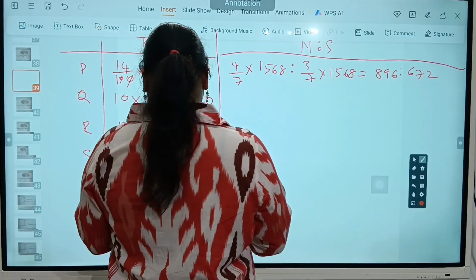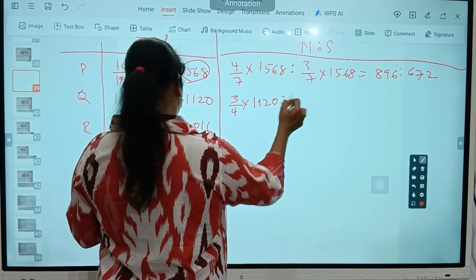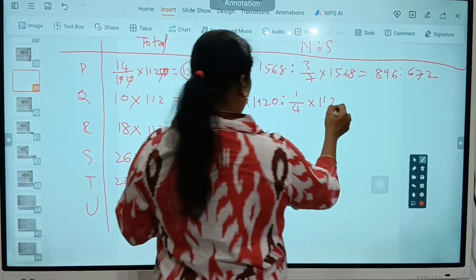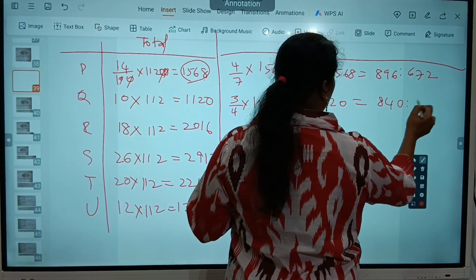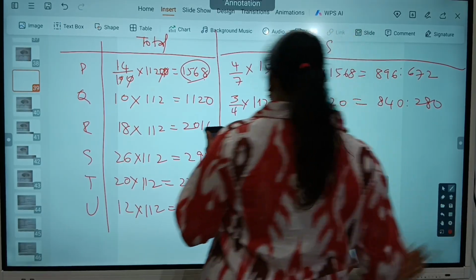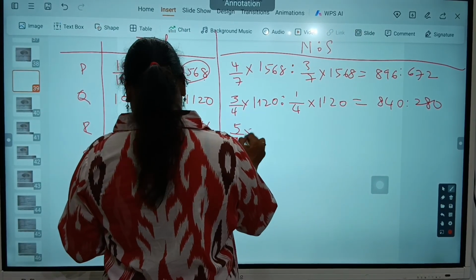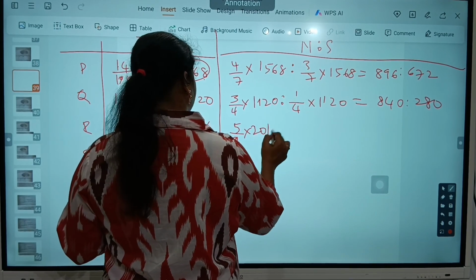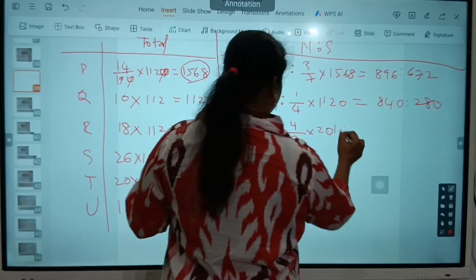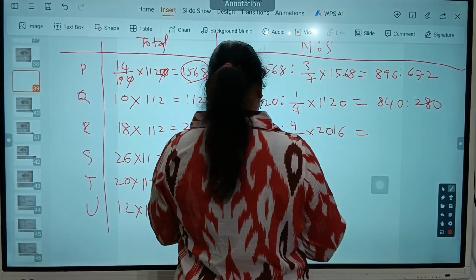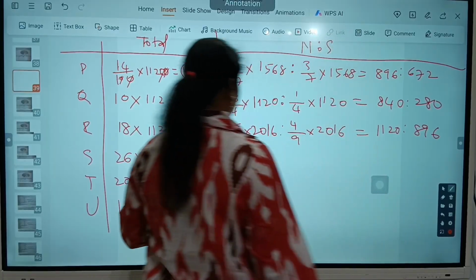Again in the second case it will be 3 by 4 into 1120 is to 1 by 4 into 1120, which equals 840 is to 280. And again the third case, 5 by 9 into 2016 is to 4 by 9 into 2016. It will equal 1120 is to 896.